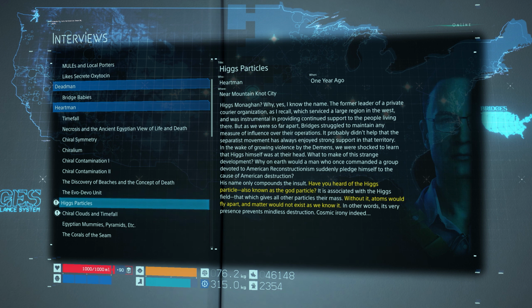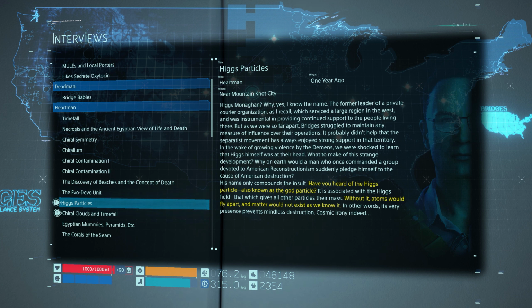Higgs Monaghan, why yes, I know the name, the former leader of a private courier organization, as I recall, which served a large region of the West, and was instrumental in providing continued support to the people living there. But as we were so far apart, Bridges struggled to maintain any measure of influence over their operations. It probably didn't help that the separatist movement has always enjoyed strong support in that territory. In the wake of growing violence by the Demens, we were shocked to learn that Higgs himself was at their head. What to make of this strange development?